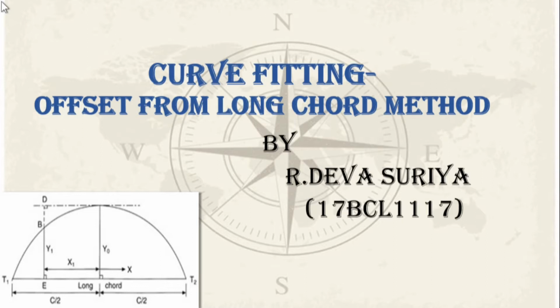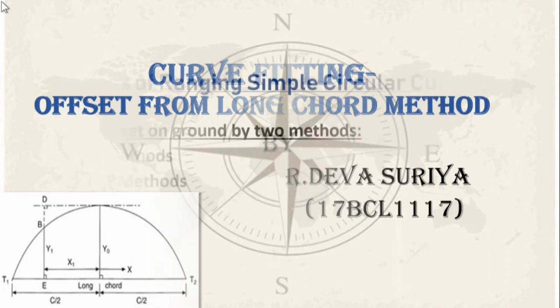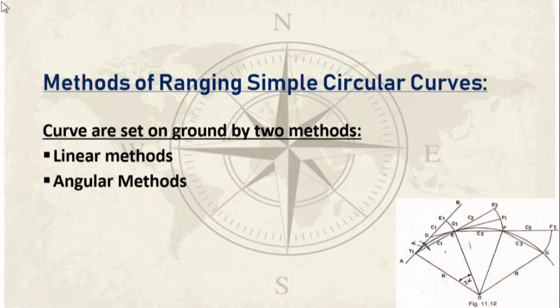And now we'll be discussing curve fitting in the following slides. There are many methods of ranging simple curves, circular curves. Basically, there are many methods in surveying, but there are two methods, linear and angular methods.